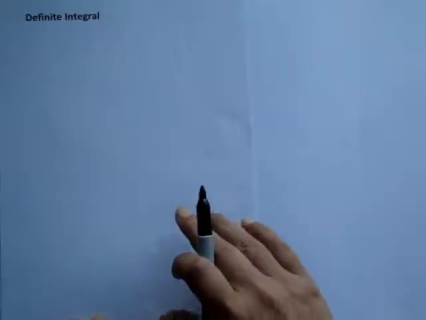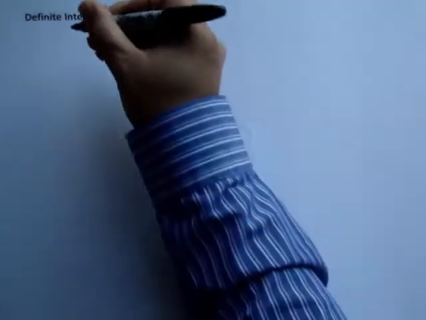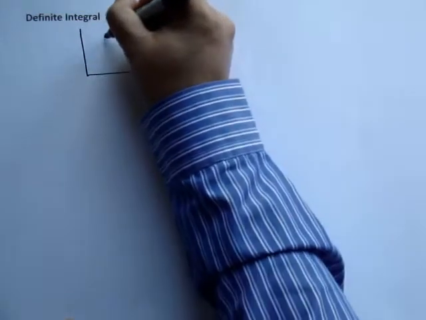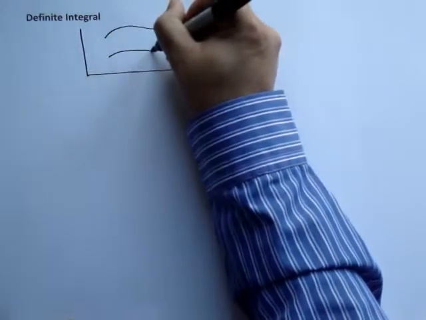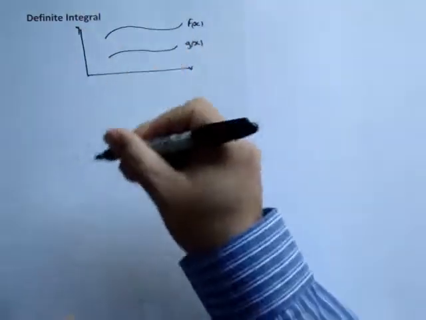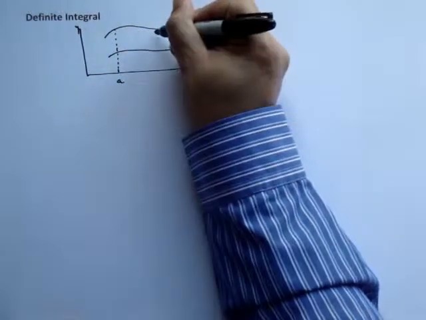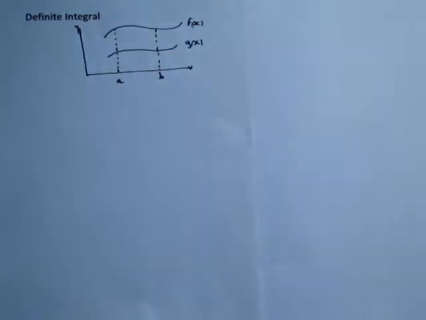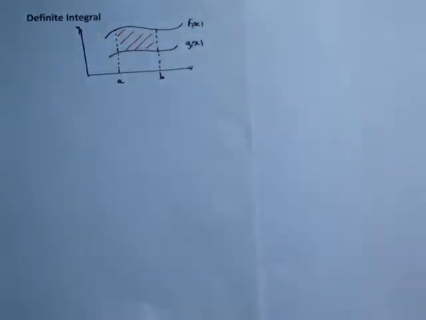Area between curves is often a use of the definite integral. So if we have a curve f of x and a curve g of x, and we want to find the area between the curves from a to b, that's the area we're interested in, here.